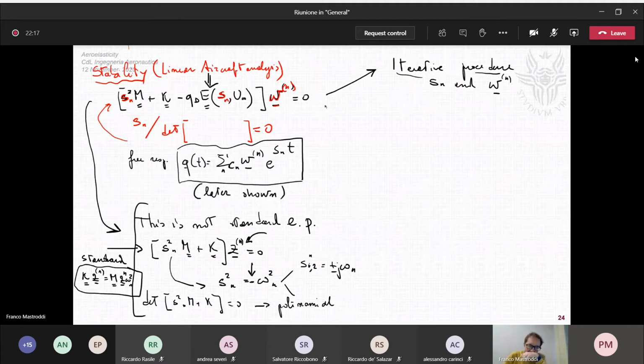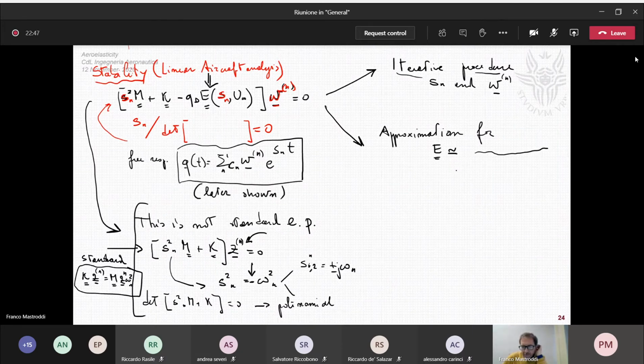But you have an alternative here. An alternative is an approximation for the matrix E. Express this matrix as a function of frequency by using an interpolating form.